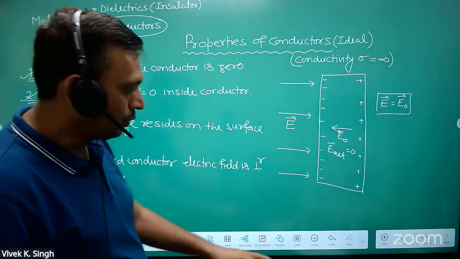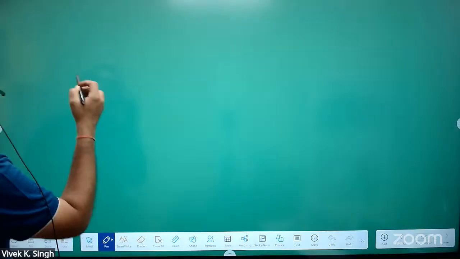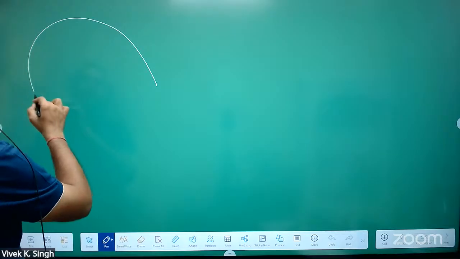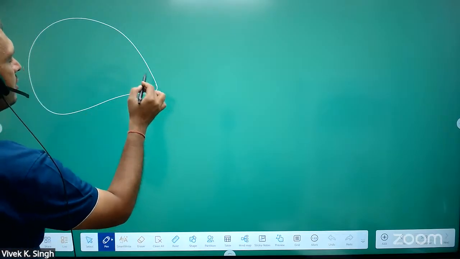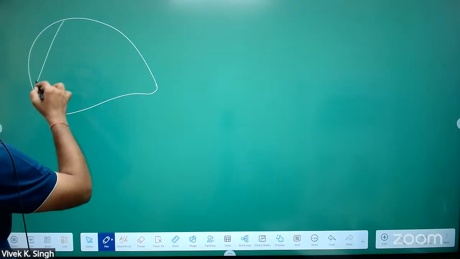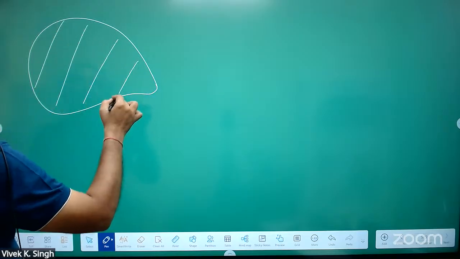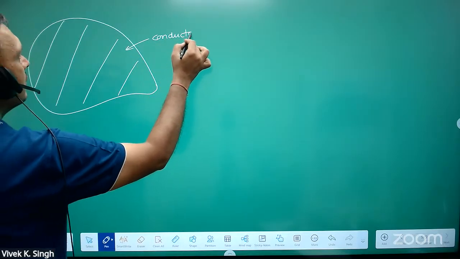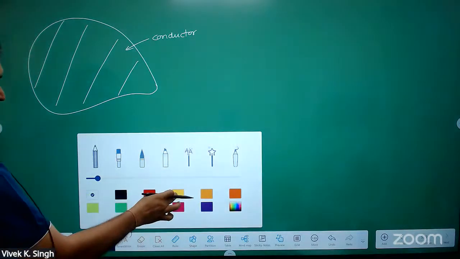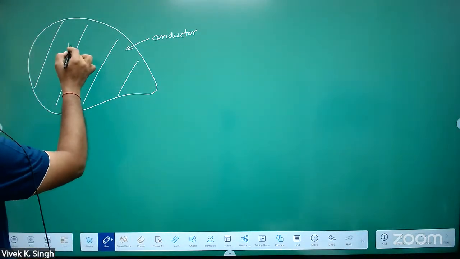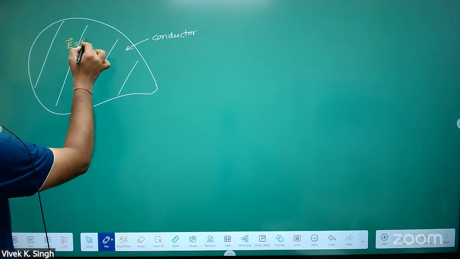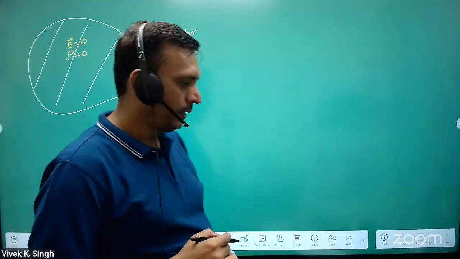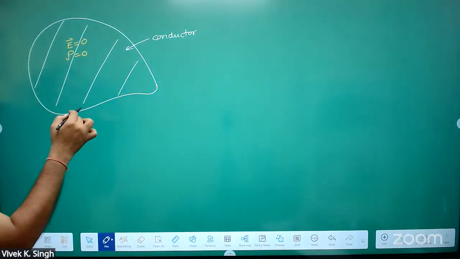Let's take an unsymmetrically shaped conductor. Since it's a conductor, inside the electric field is always 0, the charge density is 0, and any net charge resides on the surface.